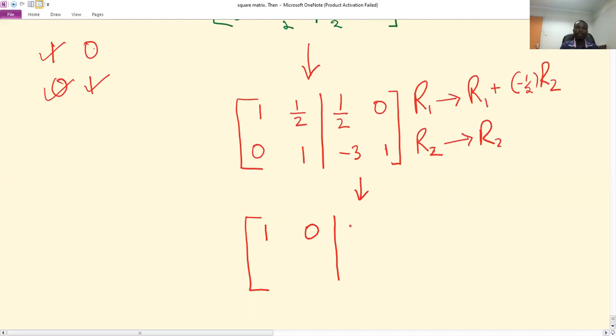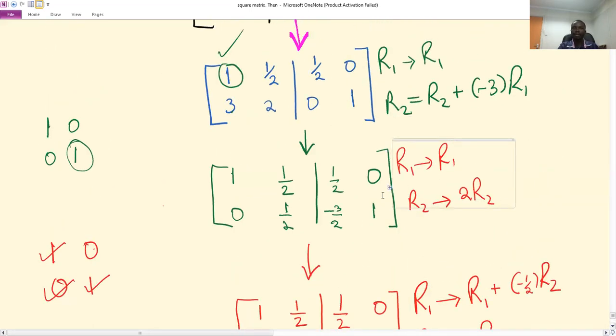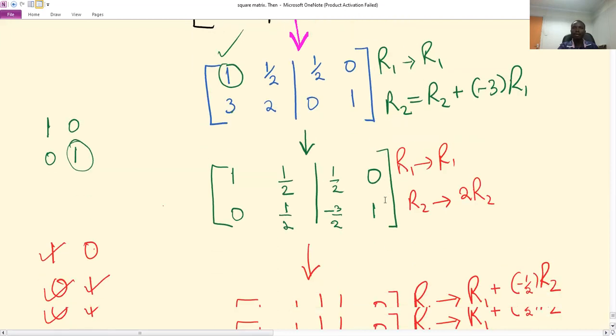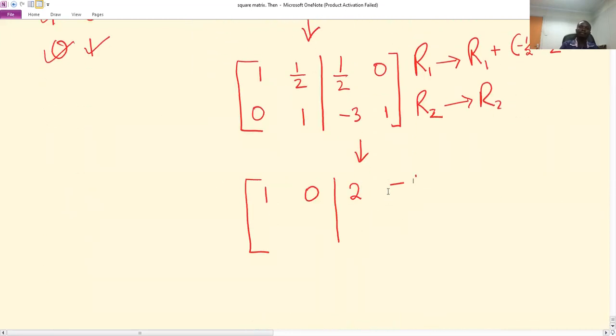So I get 2. And then 0 plus minus a half times 1, I get negative a half. So this 0, the 1, the 2, I get negative a half.